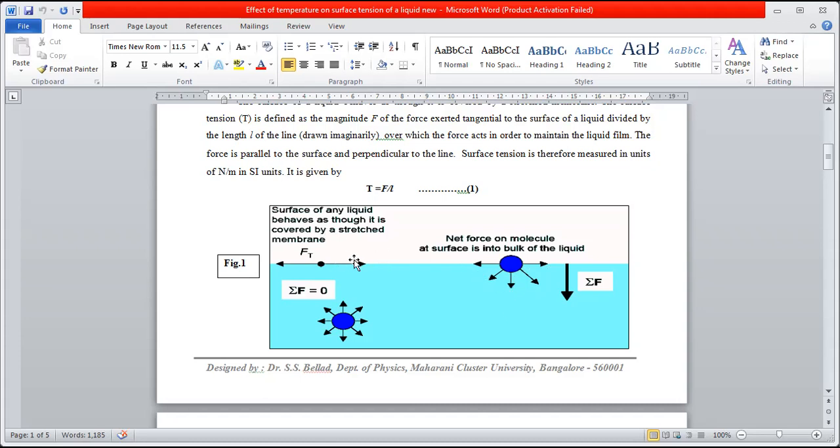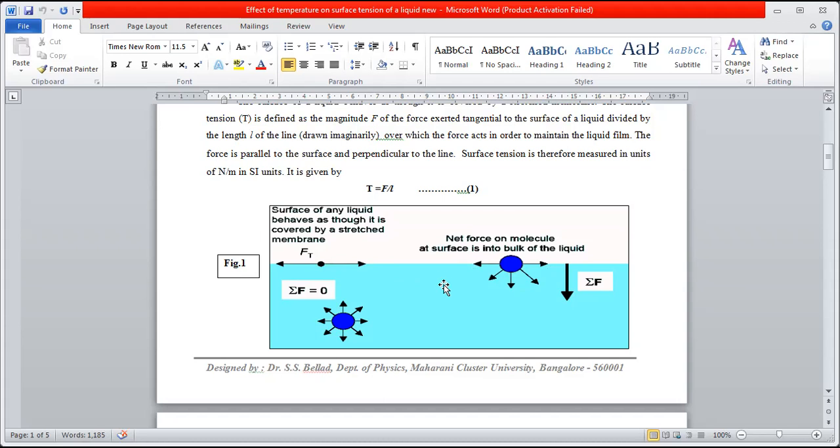So this is what happens because of this net downward force acting at the middle in the downward direction. A type of downward pulling action comes here.